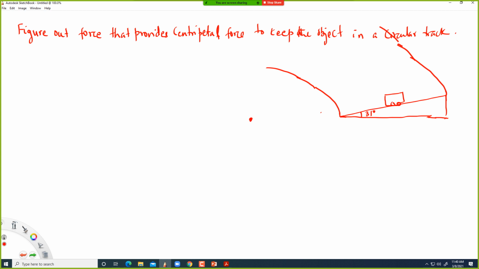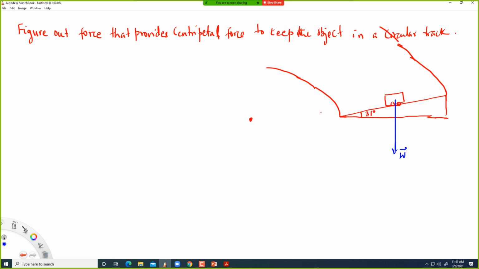Now let's draw the free body diagram to figure out the force that provides the centripetal force. Tell me what forces we have here. Gravity, yeah, that's right. Gravity is always vertically down. What else? Normal force, yeah. Normal force is perpendicular to the surface.